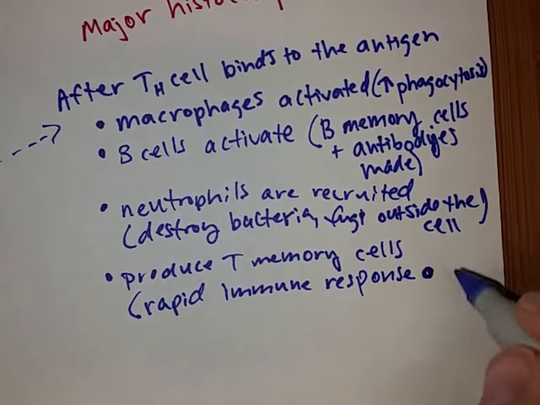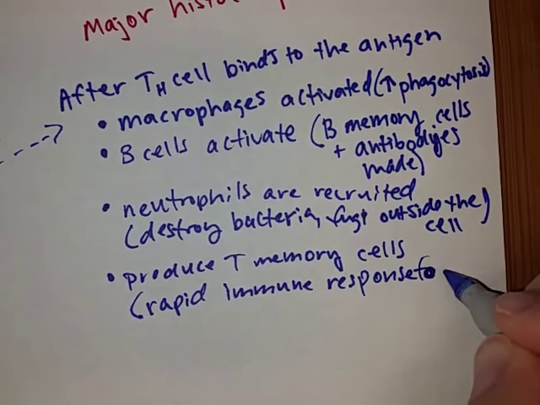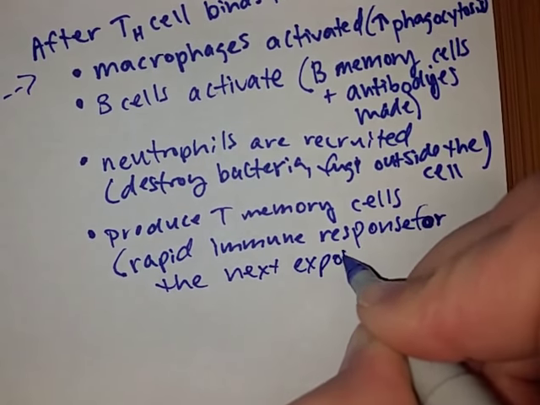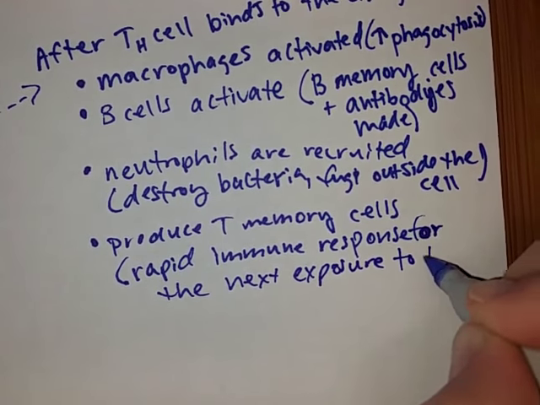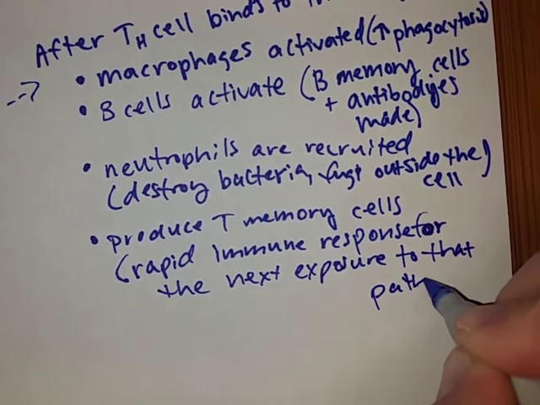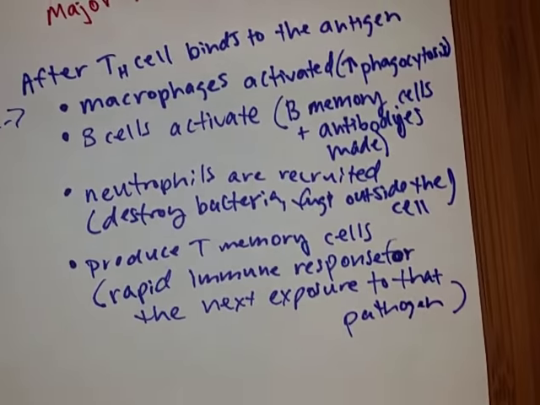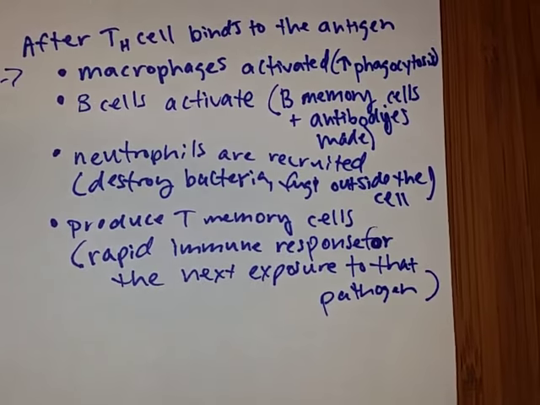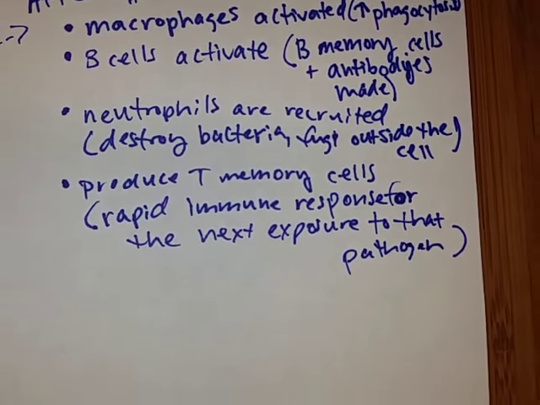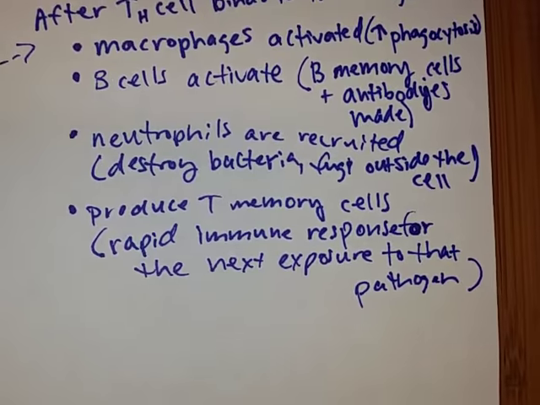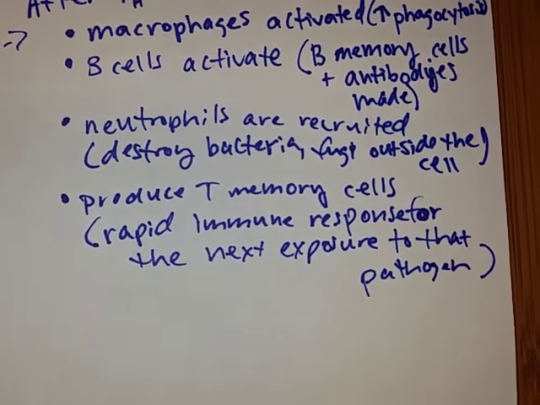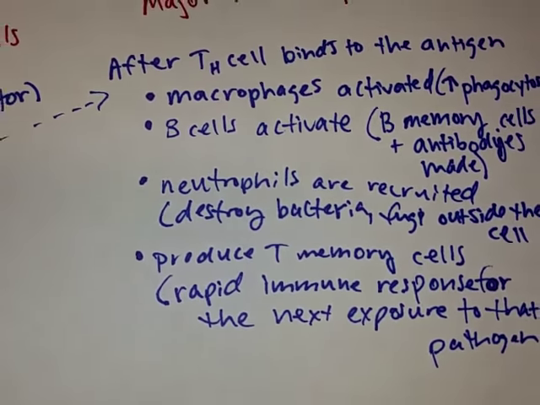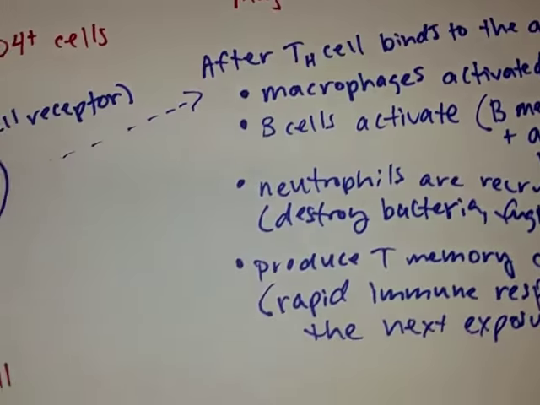We'll just say a rapid immune response for the next exposure to that pathogen. Okay. So by having those T memory cells, just like with the flu virus, if you had the flu once, even if you got exposed to it a second time, these T memory cells can see that right away, and they'll be quick to help fight off that infection.